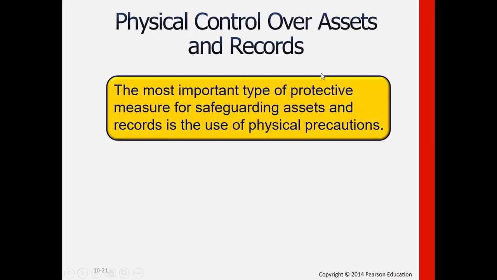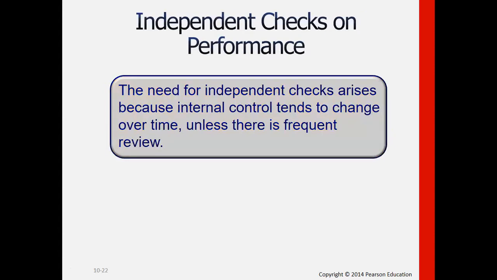Then in terms of physical control, as explained, this is the most important type of protective measure for safeguarding assets and records by the use of physical precautions. So examples would be doors or bolts or keys. So they're very important. Rooms that are, of course, not accessible by any individual who has no authority and access to such.